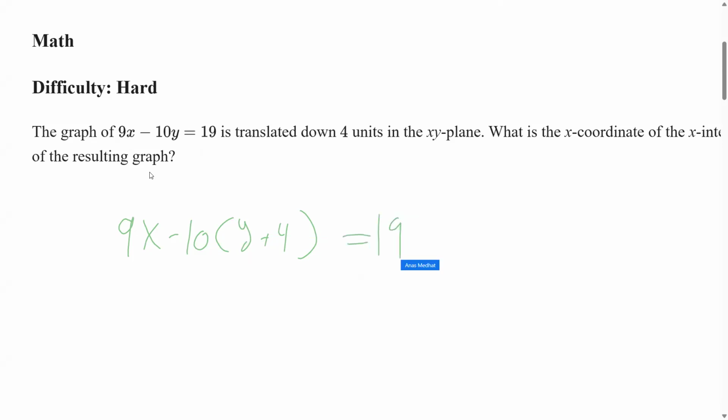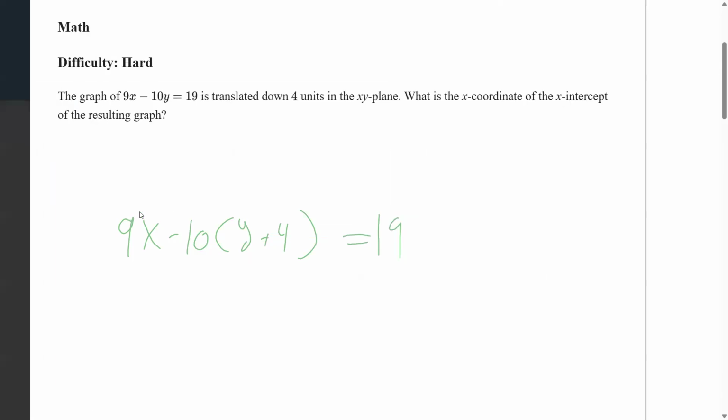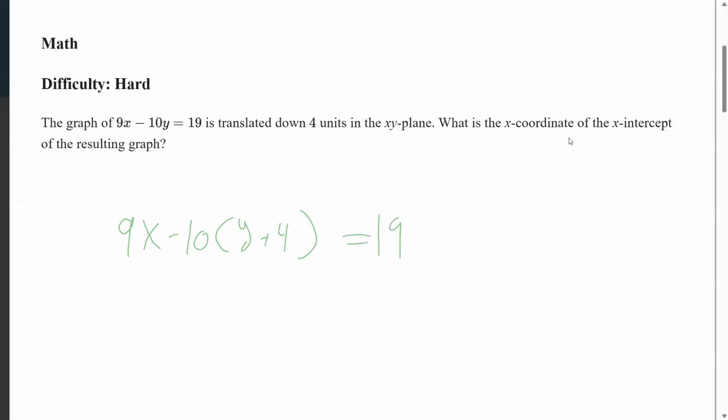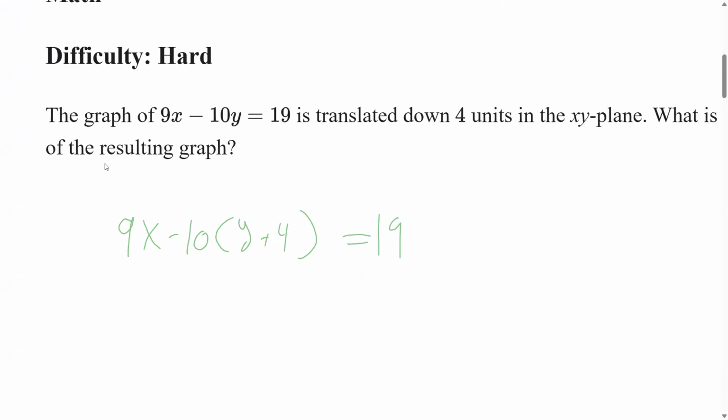So this should be the equation, and it wants the x coordinate of the x-intercept. So in order to get the x-intercept, we'll substitute y with 0 and get x.